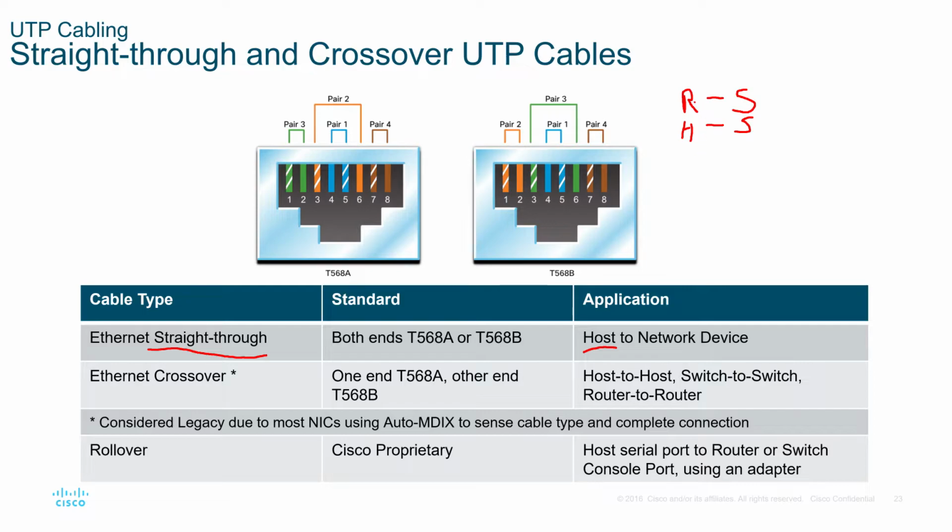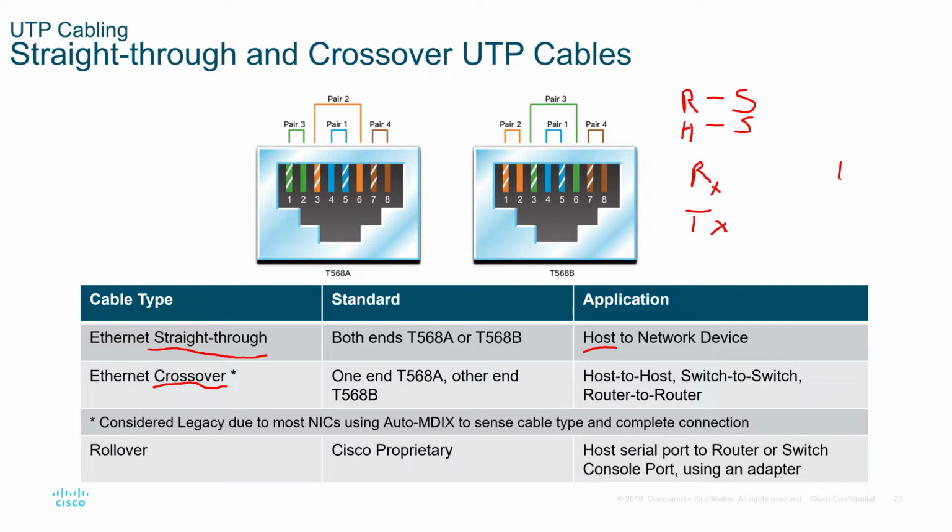If I'm going between two routers or two hosts, or between a router and a host, I would want one end being the 568A and the other being a 568B. That creates what we call a crossover. If we were to take a look at the wires, on one side I would have a receive and a transmit.